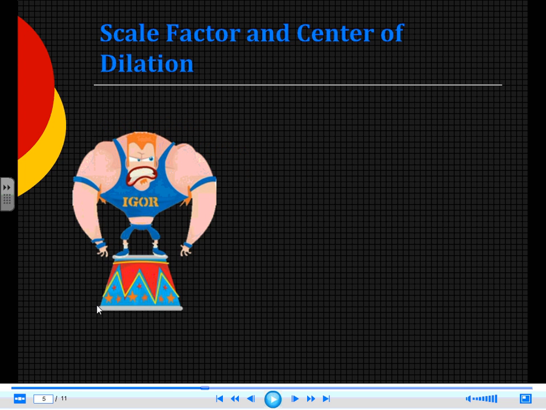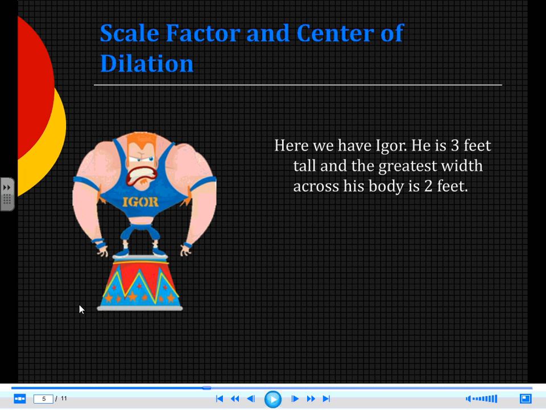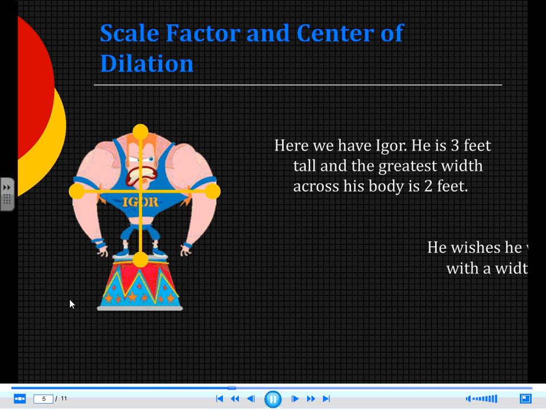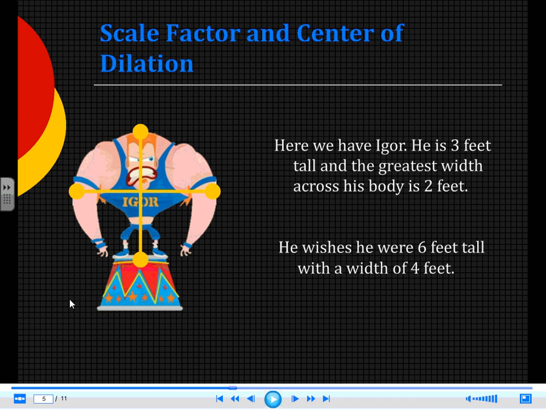Okay. All right, so we've got an image, and let's say he's 3 feet tall, and his width is about 2 feet wide. Can you see the x and y axis that we're looking at right there? Now, he wishes he were 6 feet tall. And if he was 6 feet tall, notice that his original height is 3 feet tall.